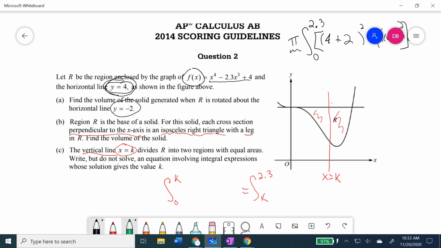So for each of these, area is looking at the top function, which is 4, minus the bottom function, which is f of x. And then you need to multiply by the tiny dx, or you will not be able to get area. And then the same thing over here. And I'll say again, if your limits were incorrect in Part A, as long as you have them written in these two spots, the same ones you used in A, you're good to go.